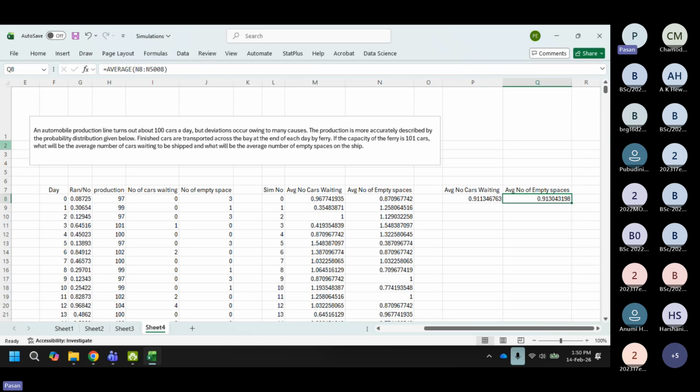I hope that is okay. With that, I can finish up this discussion on the simulations, and if you have time, I can do one or two more examples from this as well.